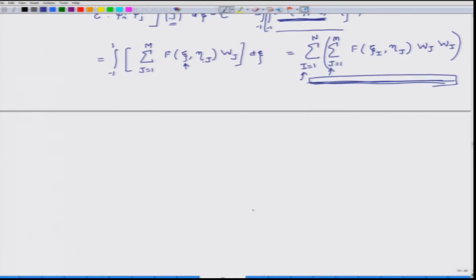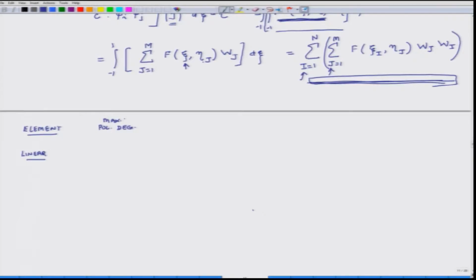Let us look at the locations of some of these points. If I have a linear element, then the maximum polynomial degree that Gaussian quadrature will help in integrating accurately is limited.